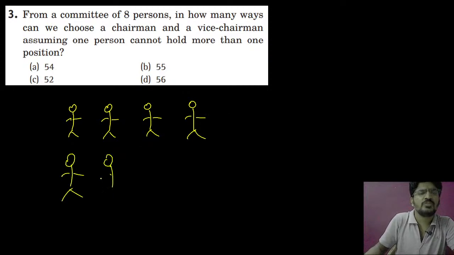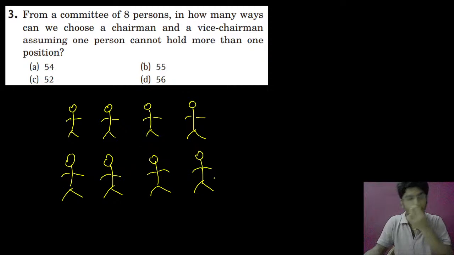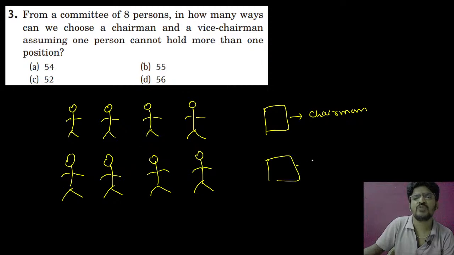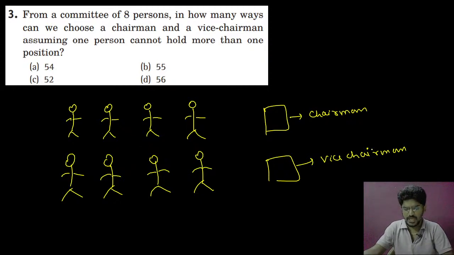So now from these 8 different persons, I have to choose 2 persons, one for chairman and another one for vice chairman.